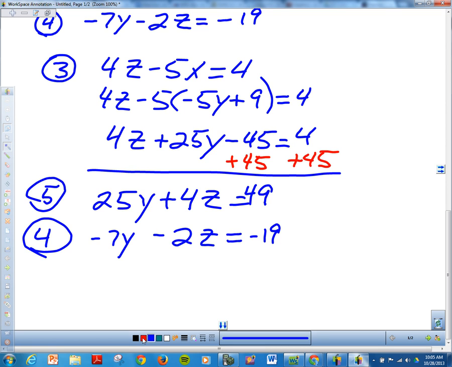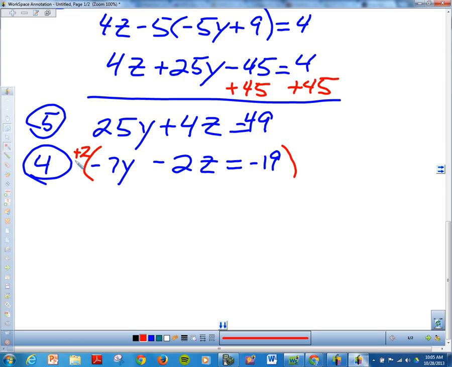So I'm gonna multiply this by negative 2, and then write the answer right below. Positive 2, I meant. Because I'm looking here, and if I think about this negative 2, I say, what can I multiply the negative 2 by to make it negative 4? The reason I say negative 4 is because I have positive here. You have to have opposite signs to be able to combine vertically. Okay?